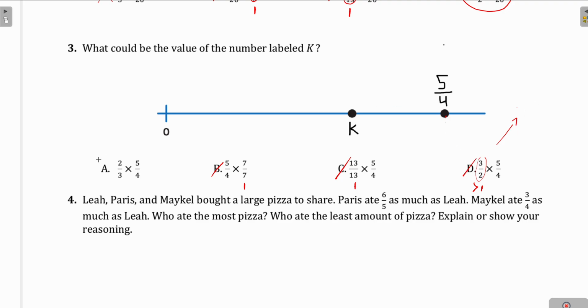That's why this is the answer: 2/3 of 5/4 is going to be less than 5/4.